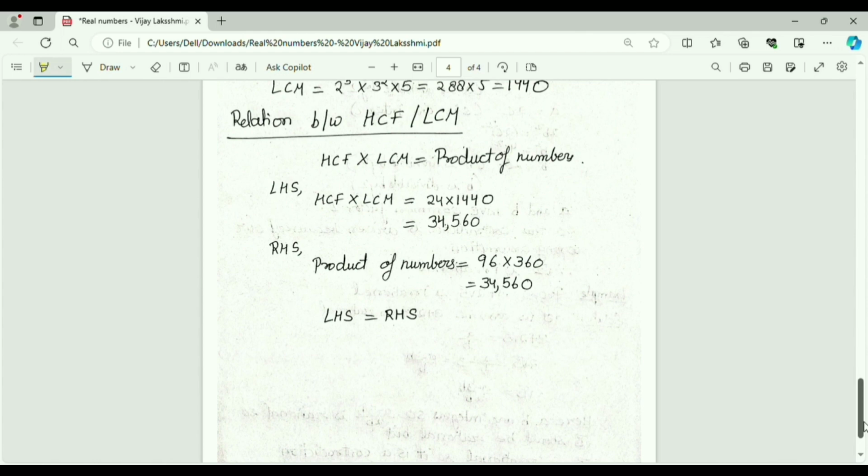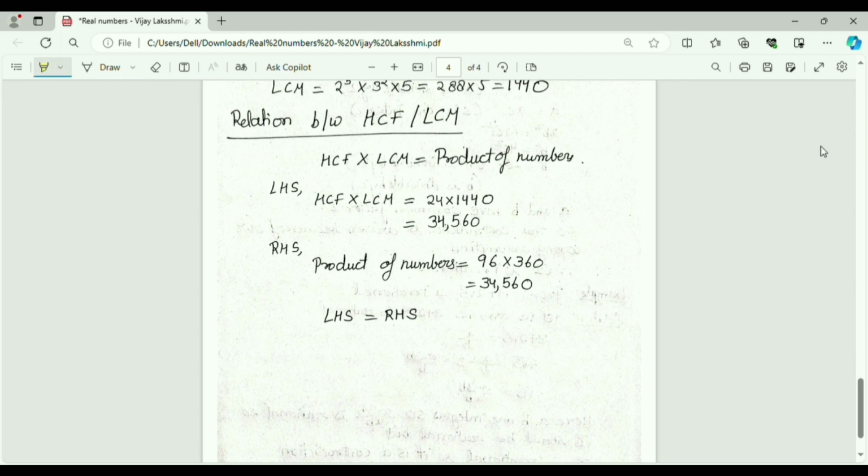We will get questions to verify this relation or to find either of HCF or LCM or any of the numbers. First, we'll find the product of HCF and LCM for the previous question we did, and then we'll find the product of numbers, and we can see that LHS is equal to RHS. Hence, the relation between HCF and LCM is proved.